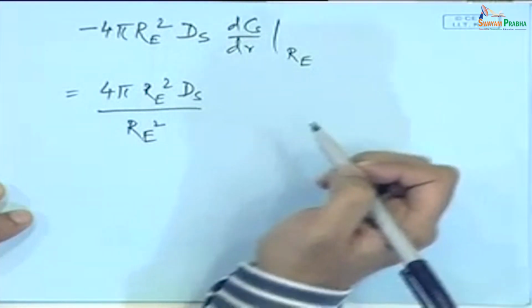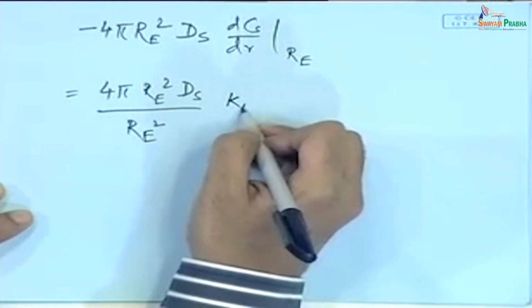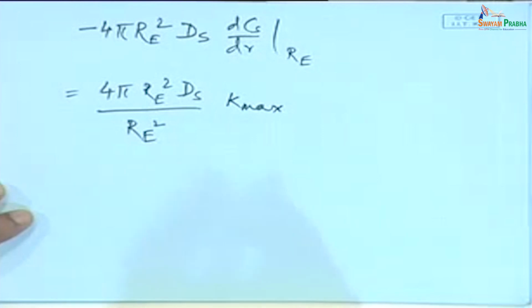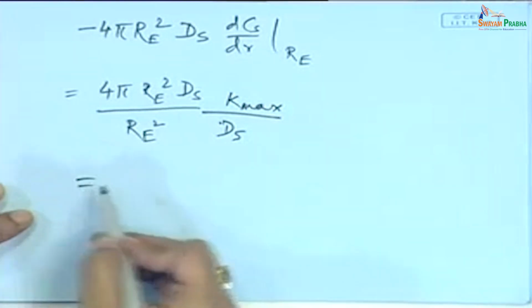That's about it, 4 pi Ds times k max over 4 pi Ds.